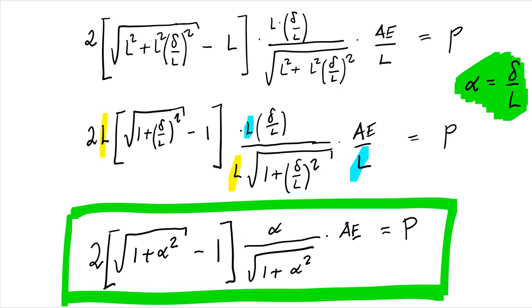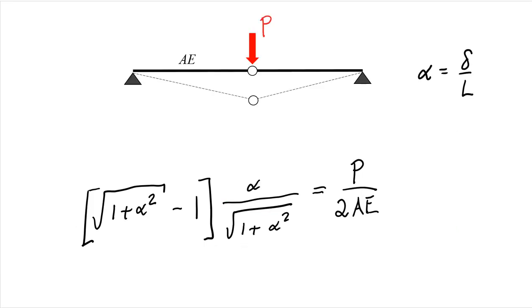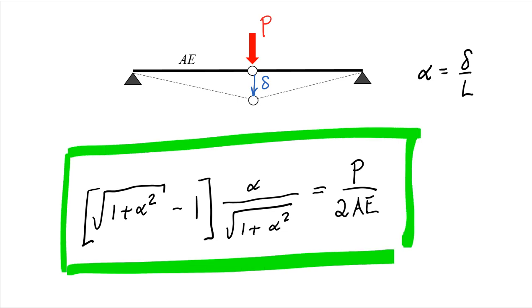And that expression again relates the vertical force P to the slope of the deflected shape. And here it is again. This is our deformation delta. The slope alpha equals delta over L, and the expression that we just showed that relates the force to the deformed slope.